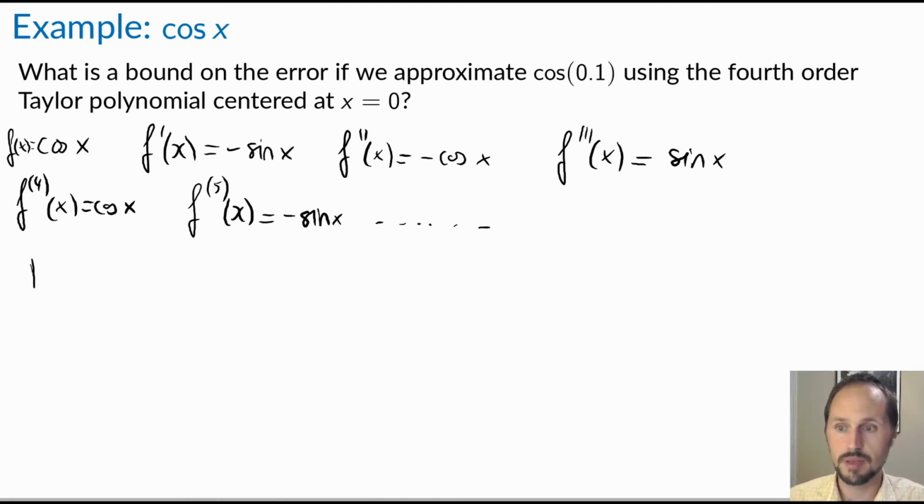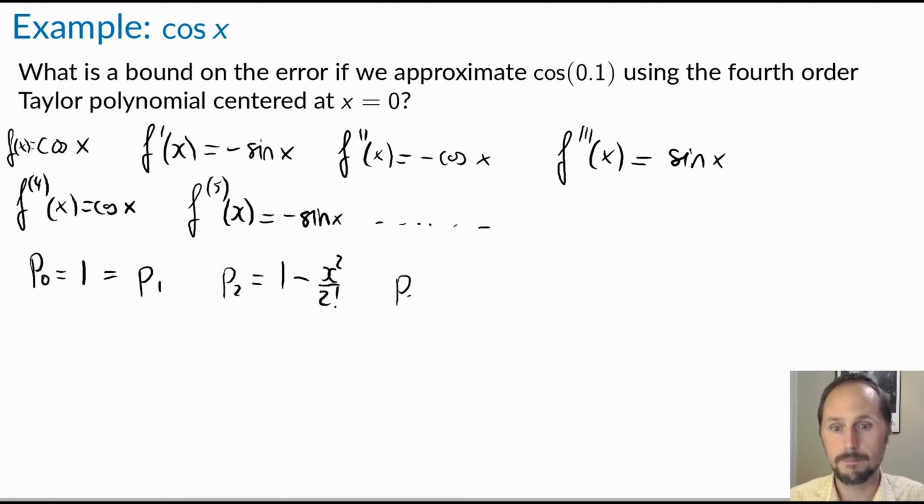So this means we get that P0 is going to be 1. Then that's also going to be P1. Then for P2, we're going to get 1 minus cosine of 0, which is 1, times x squared over 2 factorial, which is just x squared over 2.